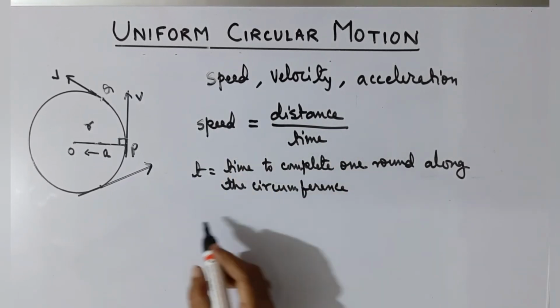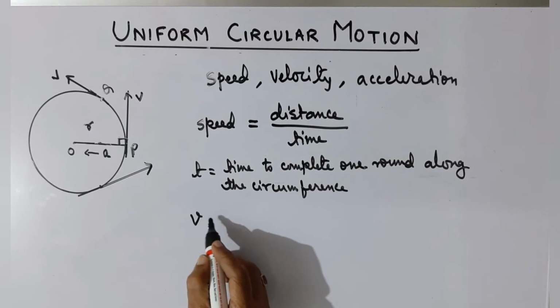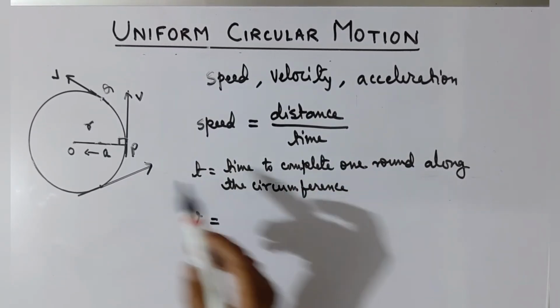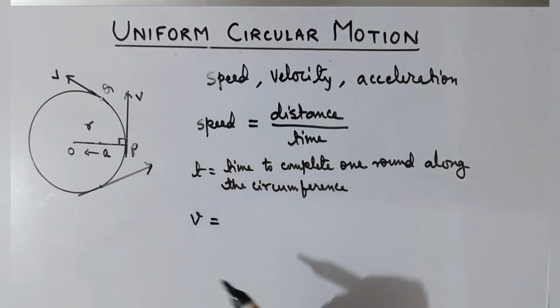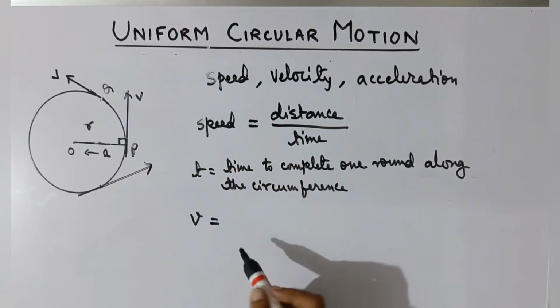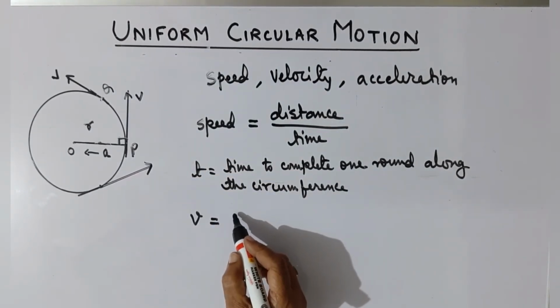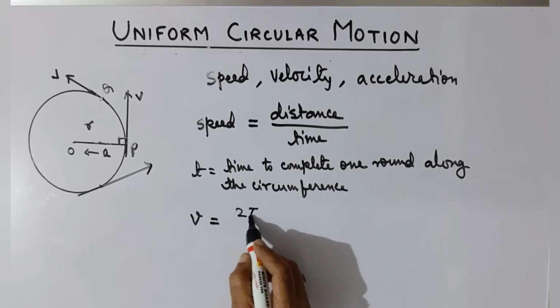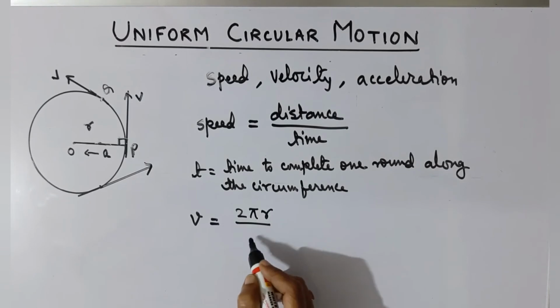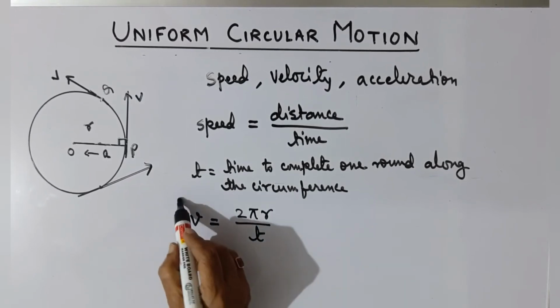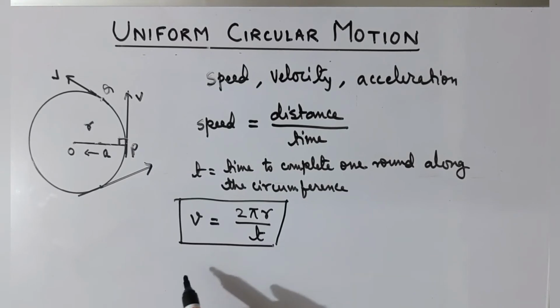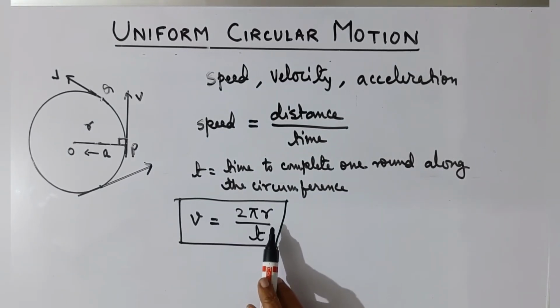Then the speed v is equal to the distance travelled. Now in order to complete one round, the object has to complete a distance of one circumference, that is the distance is 2 pi r divided by time t. So this is the formula or the relation between the velocity, time and the radius of the circle.